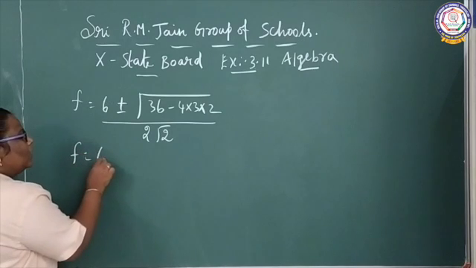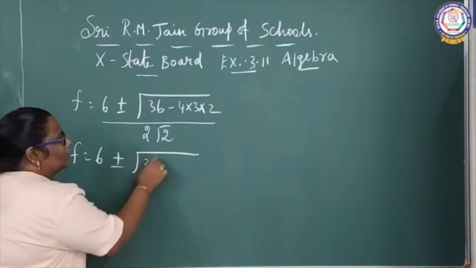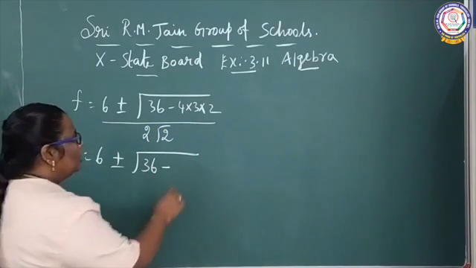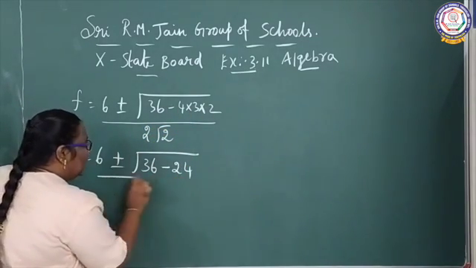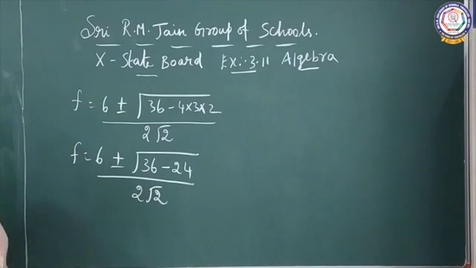Therefore, f equal to 6 plus or minus root of 36 minus 4 into 3 into 2. 4 3s are 12, 12 2s are 24, by 2 root 2.